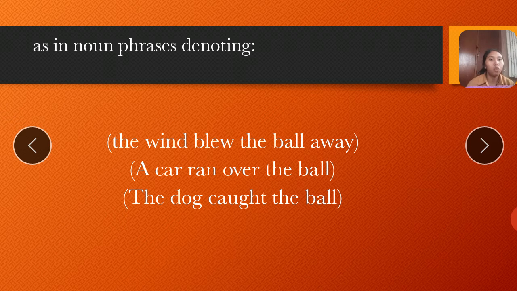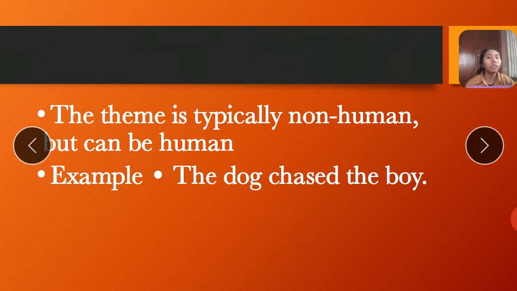For example, the wind blew the ball away, a car ran over the ball, the dog caught the ball. The theme is typically non-human but can be human. For example, the dog chased the boy.